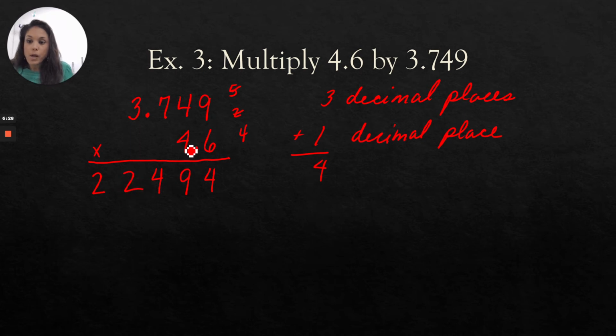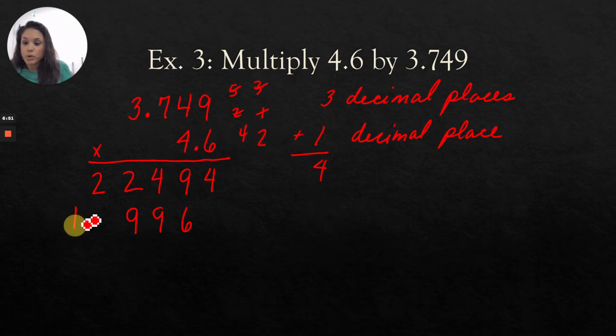Now I'm going to multiply my bottom number. 4 times 6 is 36. 4 times 4 is 16, plus 3 is 19. 7 times 4 is 28, plus 1 is 29. 4 times 3 is 12, plus 2 is 14.